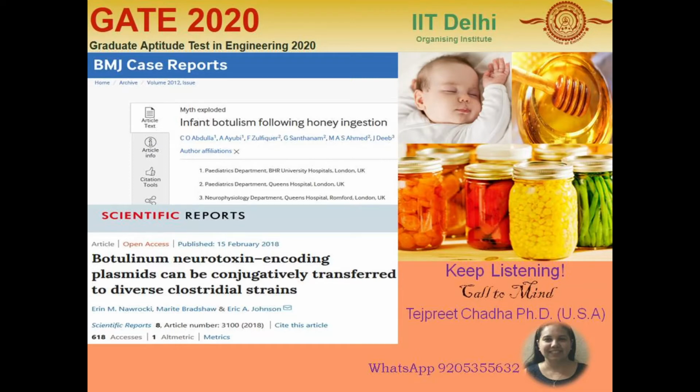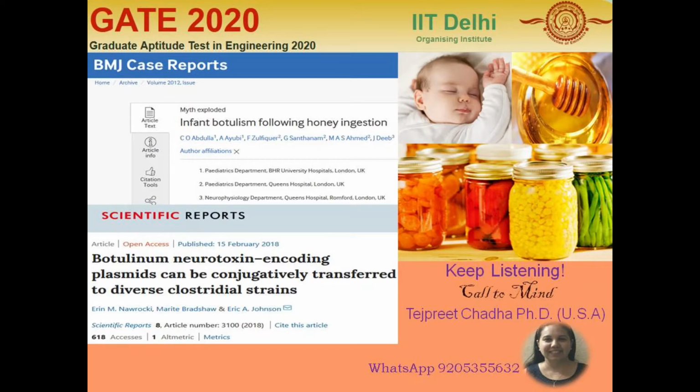आप जब material पढ़ेंगे आपको exceptions पढ़ने को मिलेगा, like in many of the material you will learn about Clostridia. They can be both gram positive and gram negative, although the majority of isolates are gram positive. But here we are looking at botulism, where we are going to put stress on Clostridium botulinum.